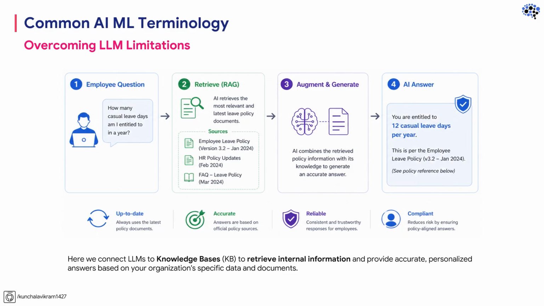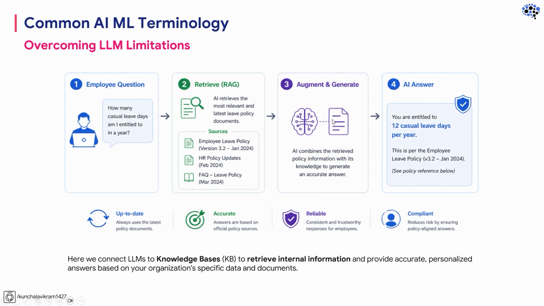So by getting information from all those sources, the LLM now has information about those things, right? But the problem is that the question the user asked may be present in more than one document. So all these documents become a context for the LLM.